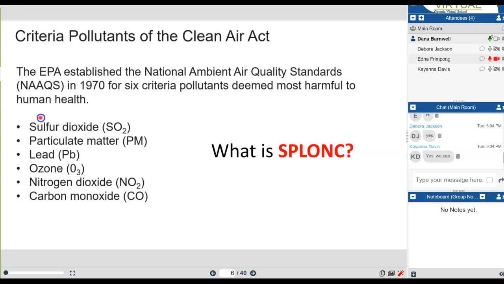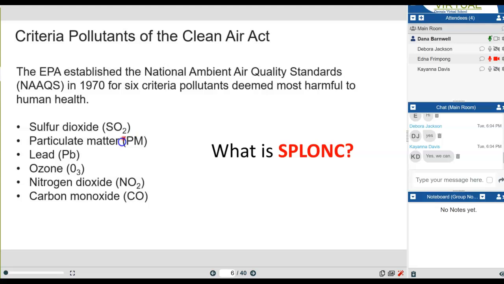They're listed here in an order that is easy for you to hopefully remember with the mnemonic SPLUNK, S-P-L-O-N-C. The first of the 6 criteria pollutants covered in the National Ambient Air Quality Standards, which help us set the standards for the Clean Air Act, is sulfur dioxide.